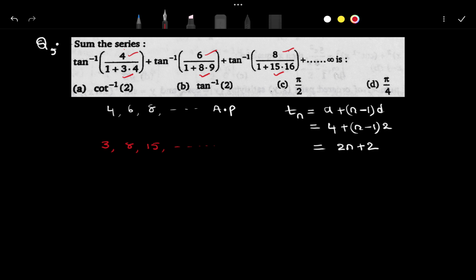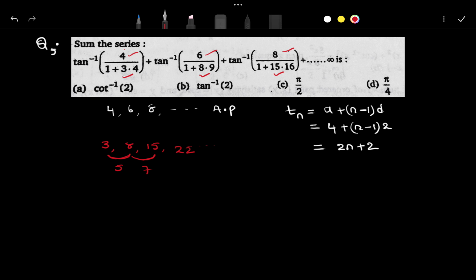By observing these directly, the common difference is not the same. What is the common difference of the first two numbers? That is 5. The common difference of the next two numbers is 7. Right? By observing, how much will the next number be? Adding 7 plus 15, it will be 22. So the next number will be 22.